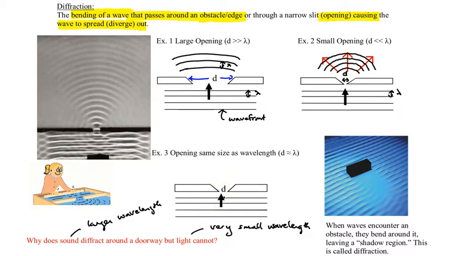Sound waves, on the other hand, have a much larger wavelength, so they can easily bend around obstacles and go through larger openings, and you can basically hear the sound even though you don't see it. Or should I say, see the source. And also, in this picture here, if the opening size is about the same as the wavelength, then you're also getting diffraction around here. It's just not as pronounced as you would get if the opening was smaller than the wavelength of the sound or the wave that's produced.